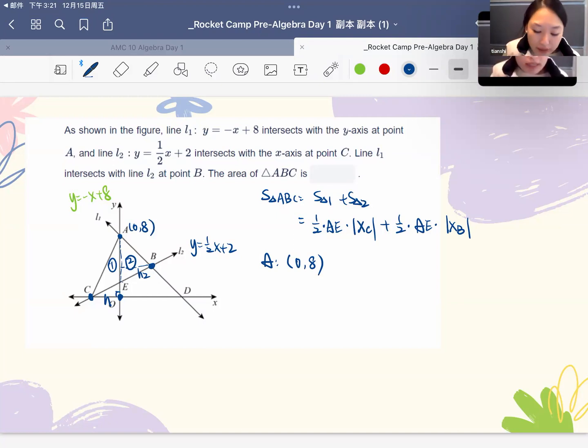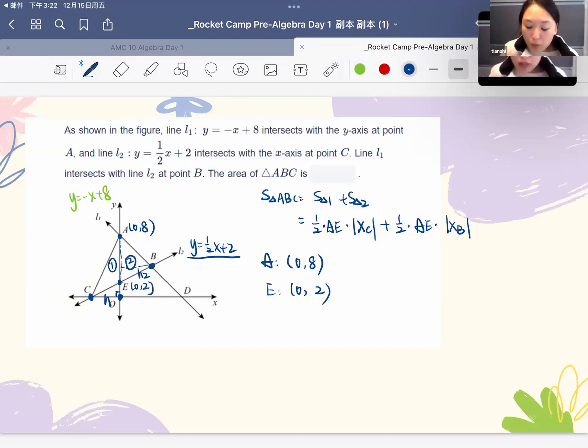The coordinate for E is the intersection of line 2 and the y-axis, right? So when x equals 0, what is the value for y? y equals 2, right? So this point is (0, 2), okay?